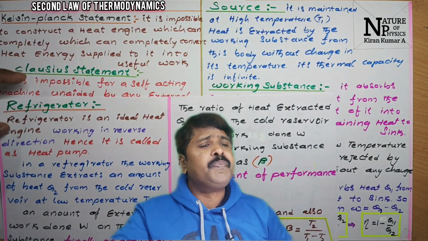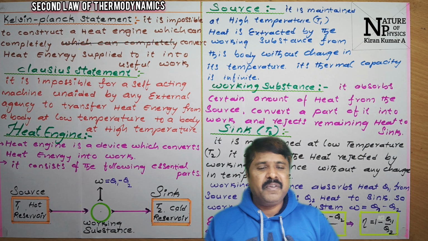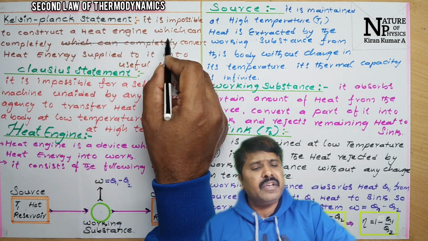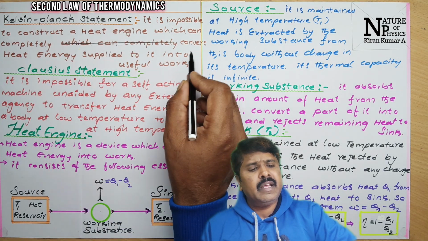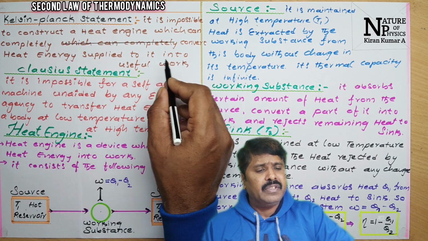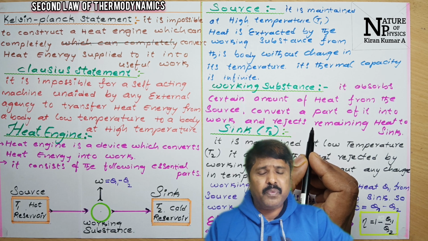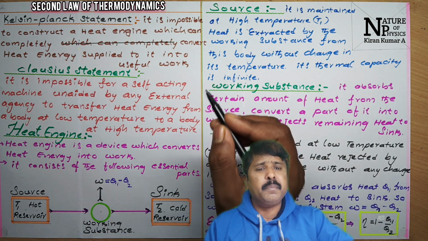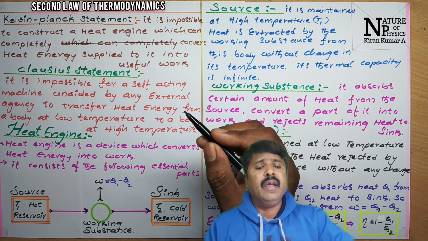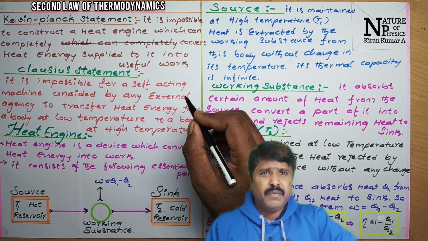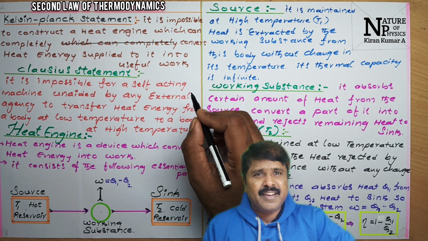Okay student, Kelvin-Planck statement: it is impossible to construct a heat engine which completely converts heat energy supplied to it into useful work. According to the Kelvin-Planck statement, it is impossible to construct a heat engine in which heat energy is completely converted into useful mechanical energy.